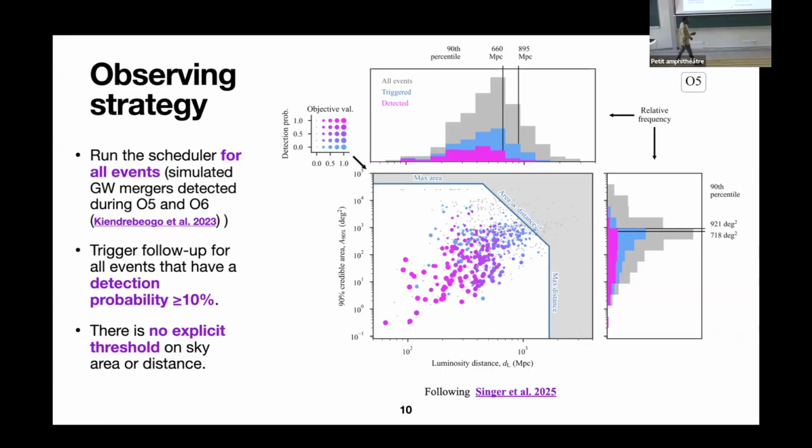The color of each dot represents the detection probability, and the dot size encodes the objective value of hours used by our scheduler. On the top, we have the distribution of the luminosity distance, and on the right panel, we have the same distribution but for the area. The gray is for the whole event set, the blue one is the selected events, and the purple represents the detected events.